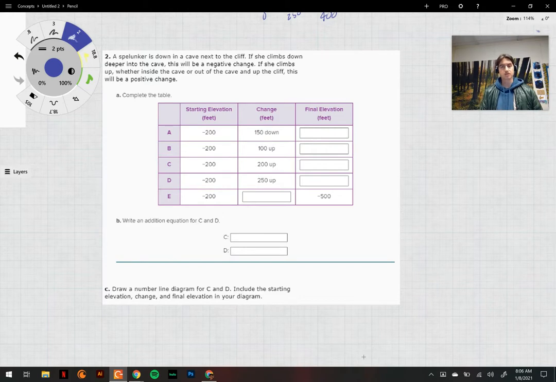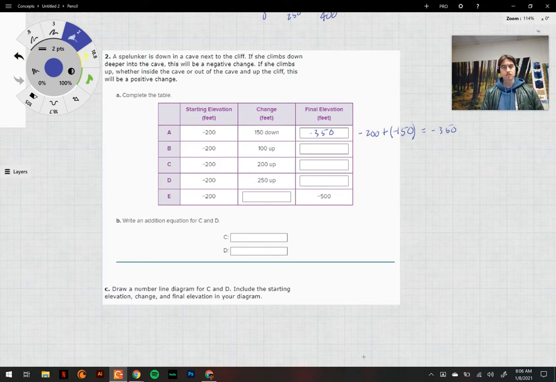So I'm starting at negative 200 feet and I'm going down another 150 feet. So I'm getting more negative because I'm going down. So I can say negative 200 plus negative 150, so it's negative 350 feet. When you're adding two negatives, it becomes more negative.